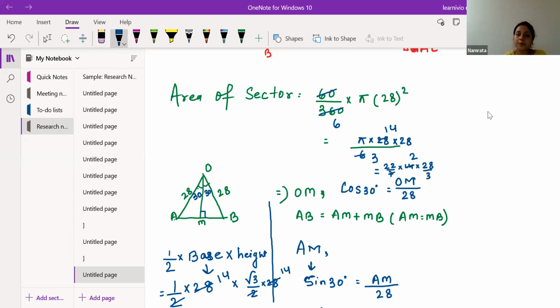We can do the multiplication to get the area of the sector.